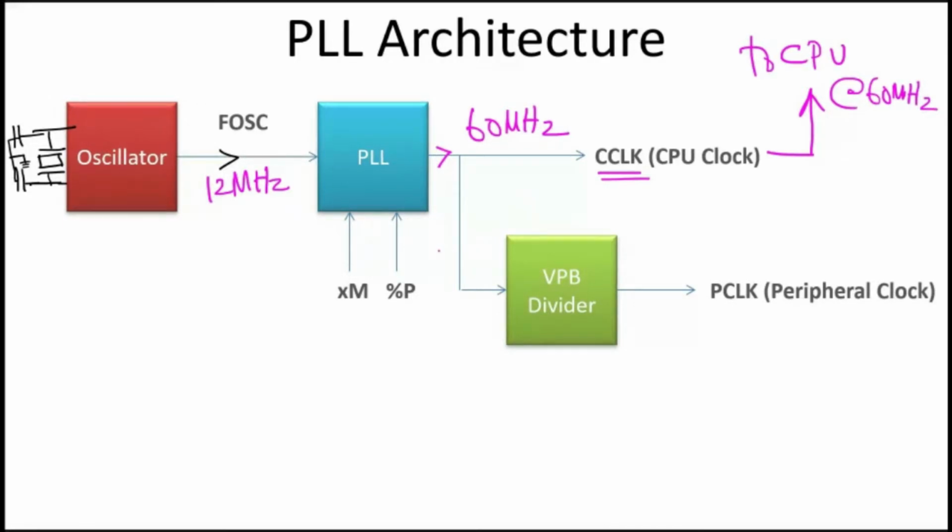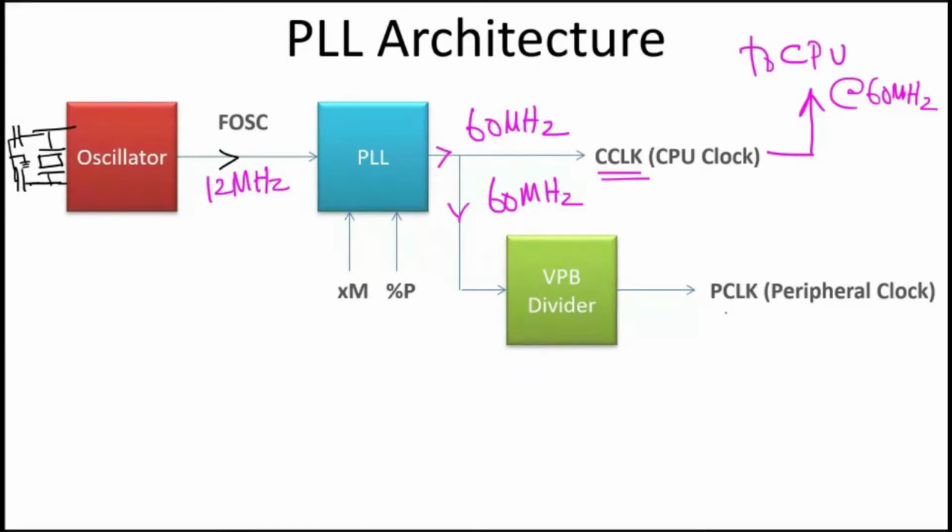LPC2148 gives the user a choice whether you want to use the same 60 MHz for the peripherals. There is a branch of the same 60 MHz coming down, which is called the peripheral clock.